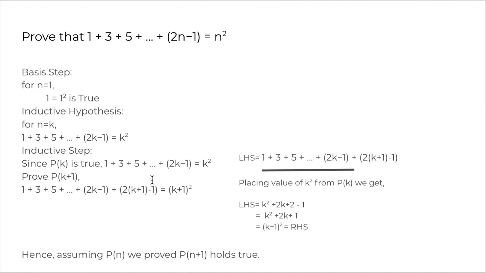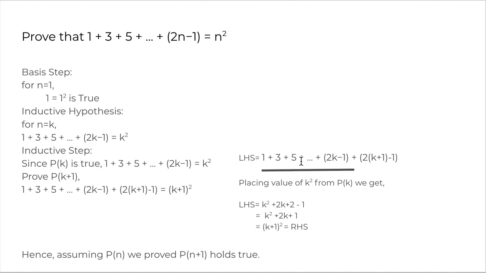Now here's the interesting bit. These are the first k odd numbers, and then we add the k plus 1th odd number, right? We already know that the summation of the first k odd numbers is k square, so I just replaced the summation of the first k odd numbers as k square.